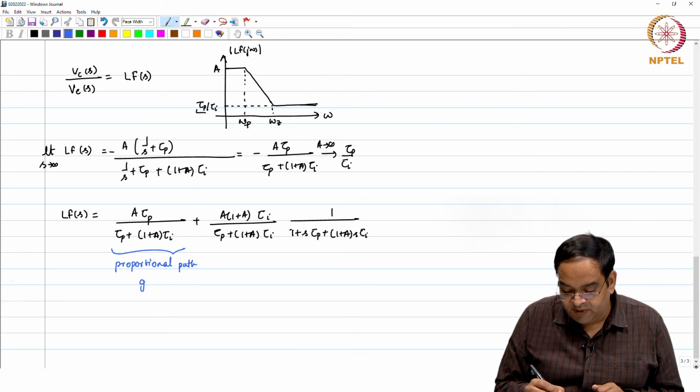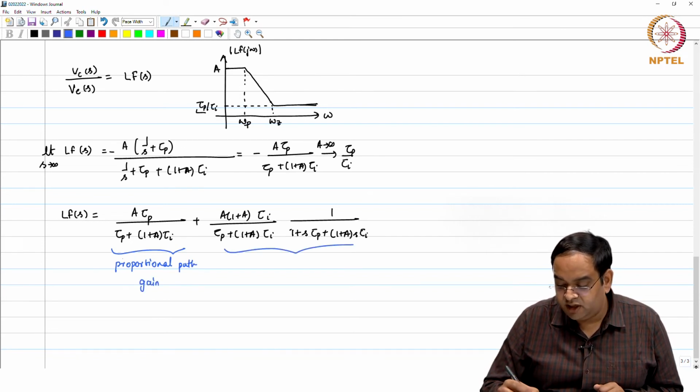This is a proportional path gain, and this is for a non-ideal integral path.